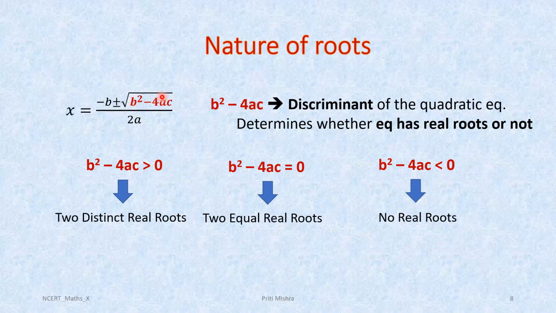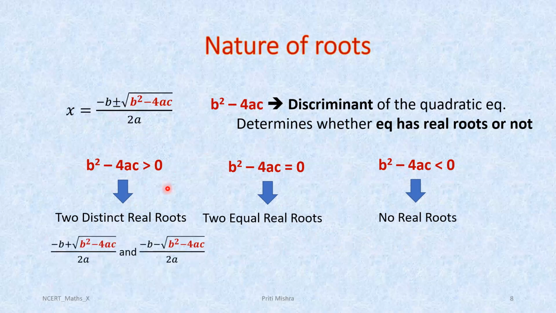In that situation, we can't have real numbers as a solution for x. That's why we can't have any real roots. So these are the three situations in which we have three types of roots for any quadratic equation, depending on the condition of b square minus 4ac, right?